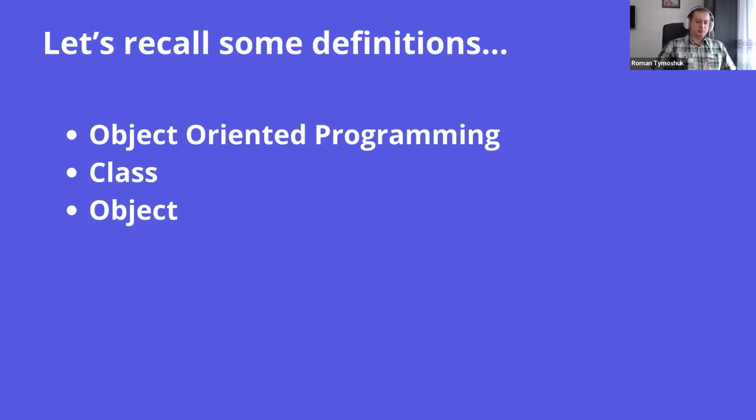A typical animal could be identified by name, for example, or by weight, or any other things. An object is an instance of the class. So a precise animal is an object that you can interact with. This animal can provide a voice, and can tell its name, weight, and other things.